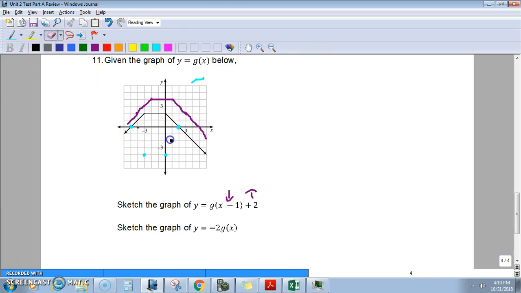So what this looks like if I flip it over and stretch it by 2 is, there we go.